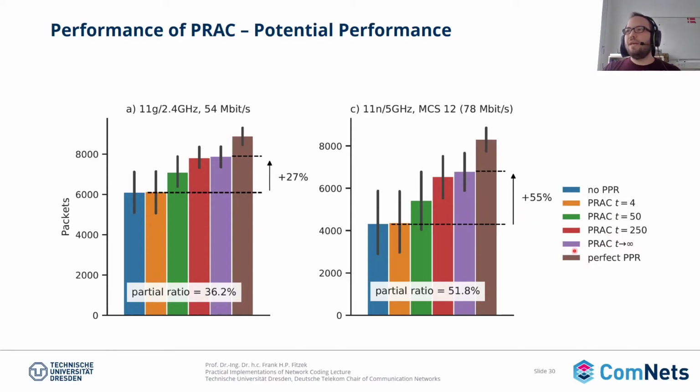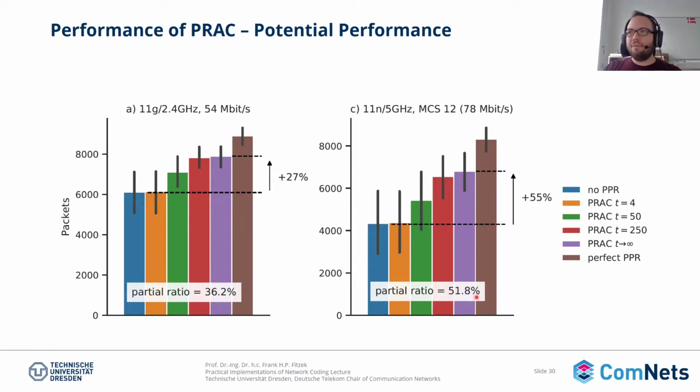In the case where we have a PRAC that can use all the computing power, infinite computing power, right? Then in this case we would have a performance increase of 27%. It means that we could make use of all these partial packets that arrive, that we could not use without packet recovery.